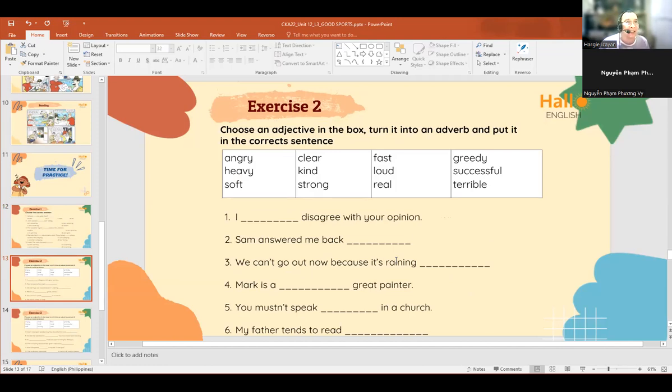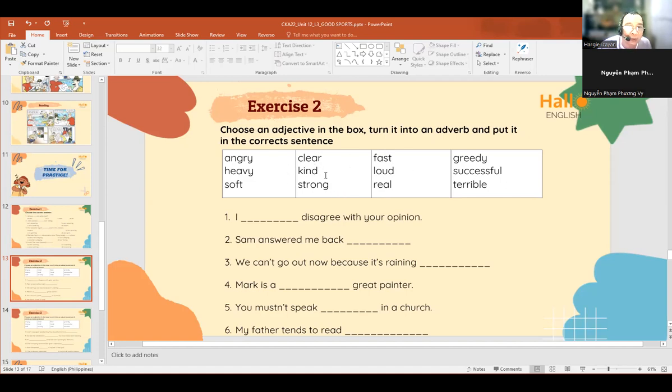Adjective describes a noun or a pronoun. For example: angry, heavy, soft, clear, kind, strong, fast, loud, real, greedy, successful, terrible. These are all adjectives, right?